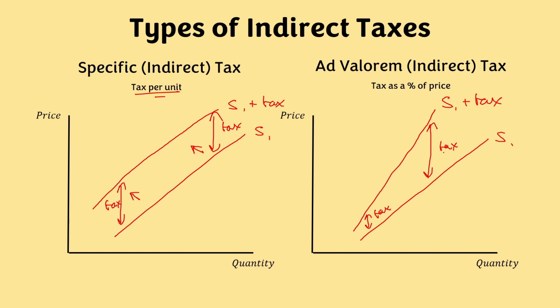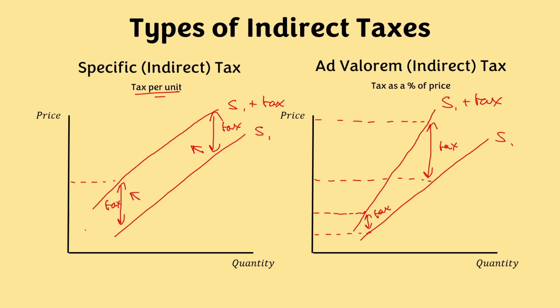So, if we join these lines, you can see that when the price is relatively low around here, the tax isn't that big, whereas when prices are higher, the tax is much greater, okay?